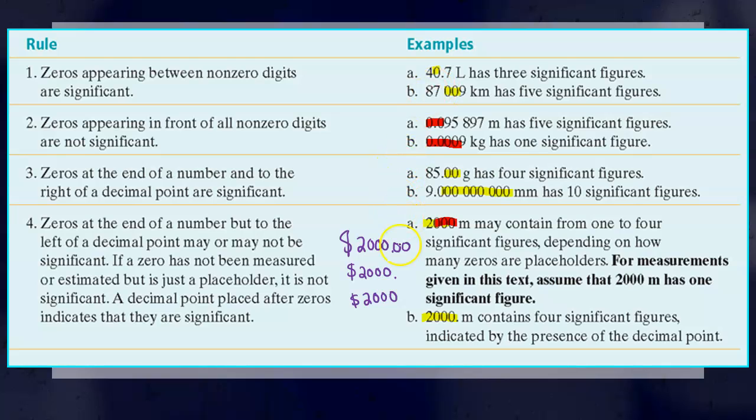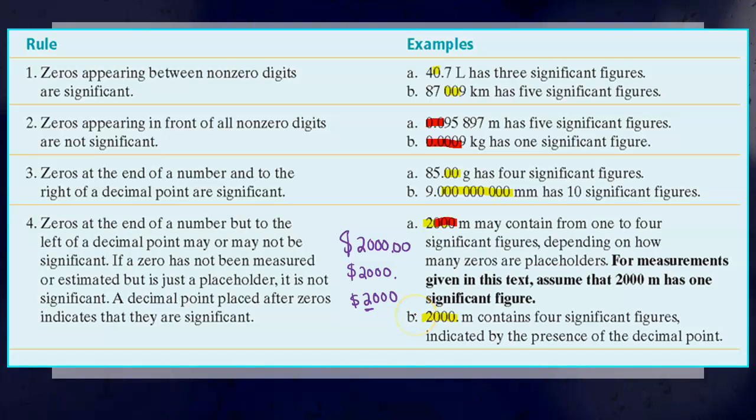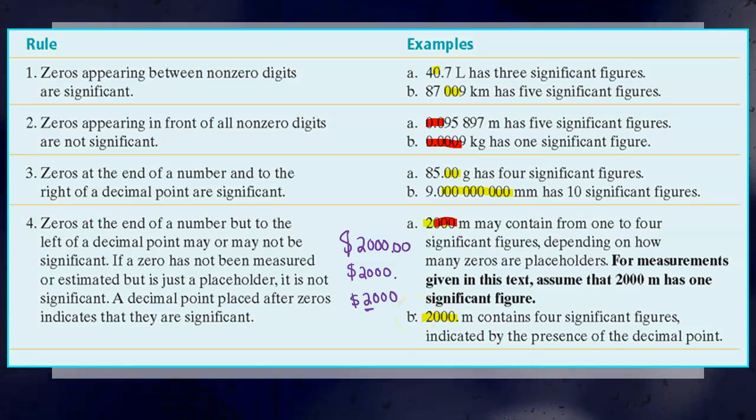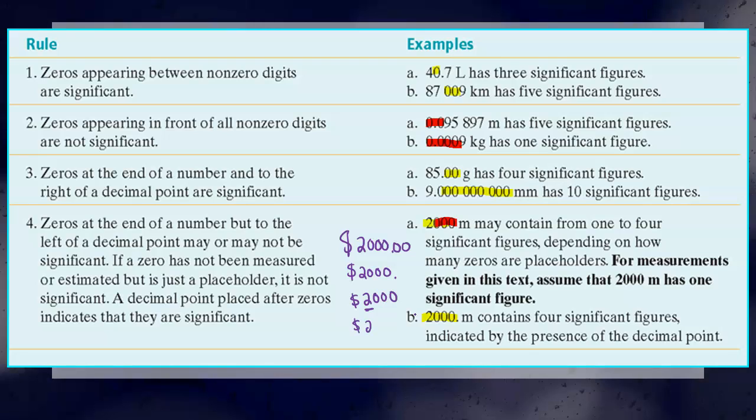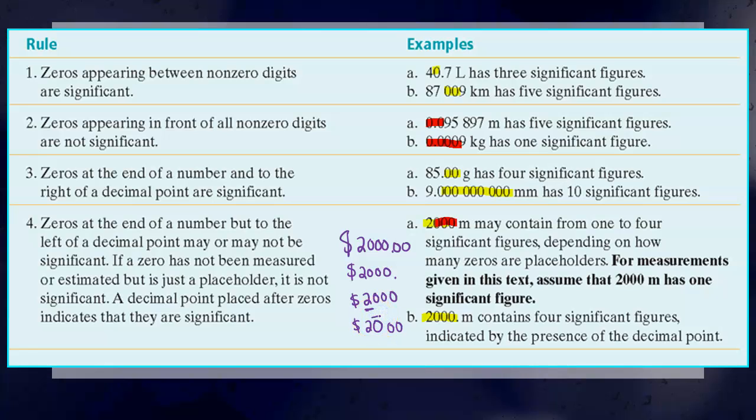Now I might know that I don't have 2,100, and I know I don't have 1,900. I have like maybe 2,030 or something like that, but I'm not sure if the 3 is there. So I know it's in the 2,000 something. I just don't know the other 2 numbers. I can gauge how certain I am by putting a little hash mark above this number, and that tells me I know the first number is 2.